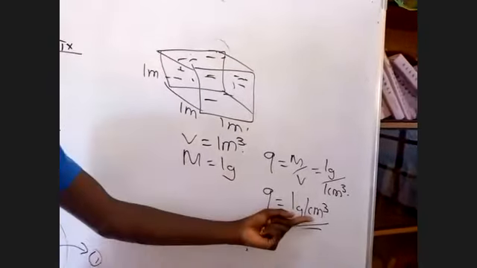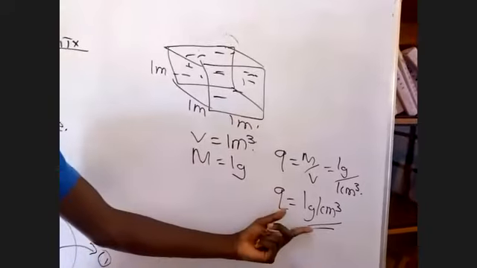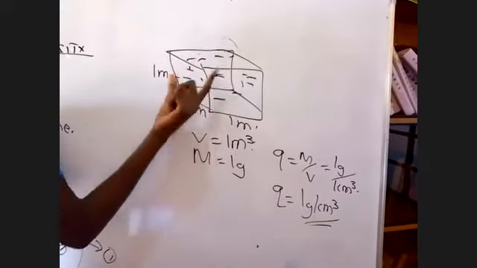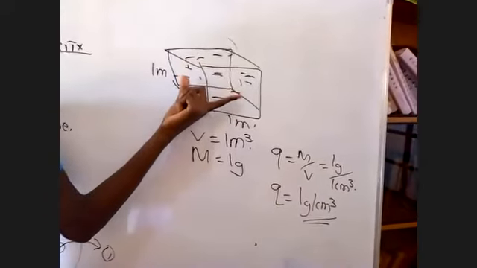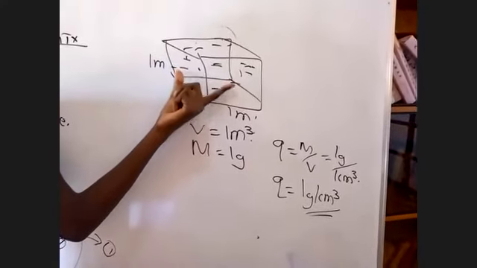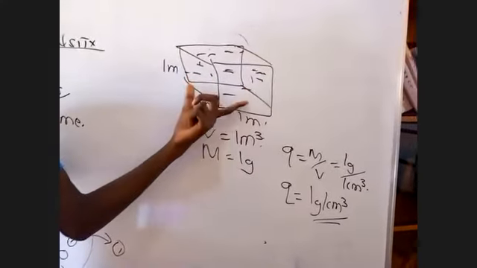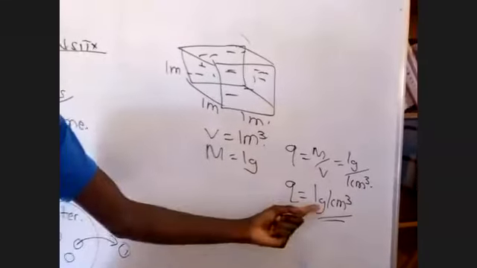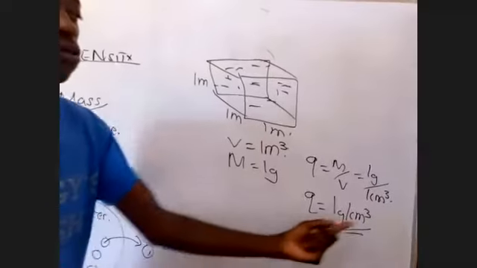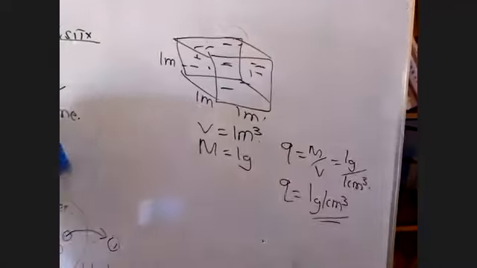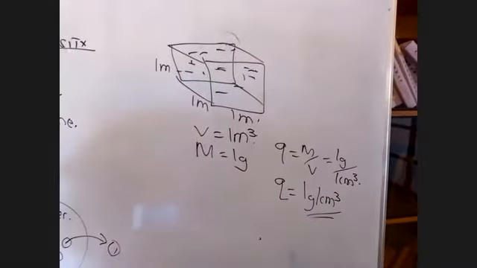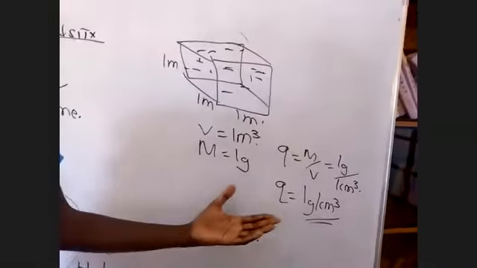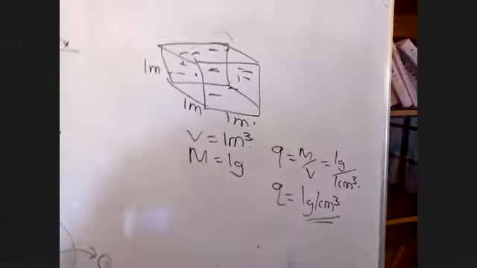Most of you might be wondering how the density of water was discovered. It was by measuring the mass of this container full of water. The mass of this water was found to be 1 gram in a container whose volume was 1 cubic centimeter. That is why we have the density of water being equivalent to 1 gram per cubic centimeter.